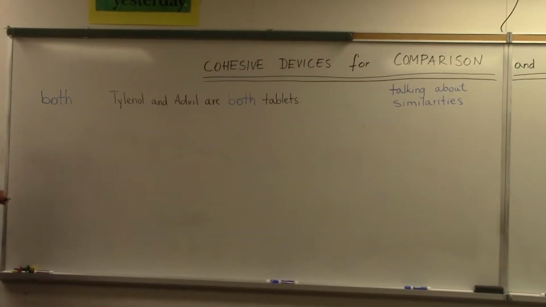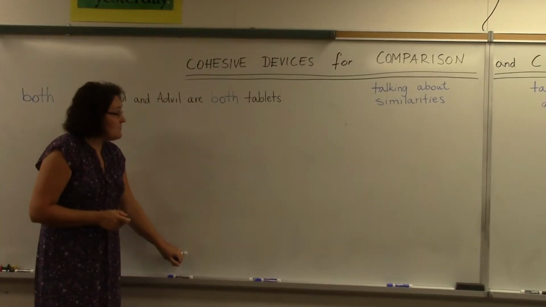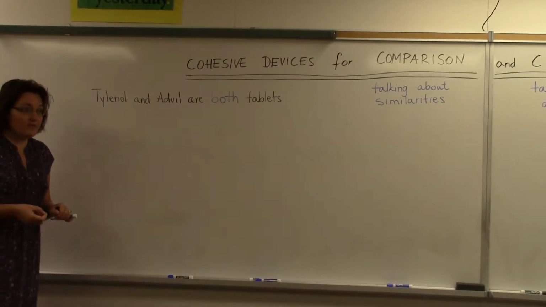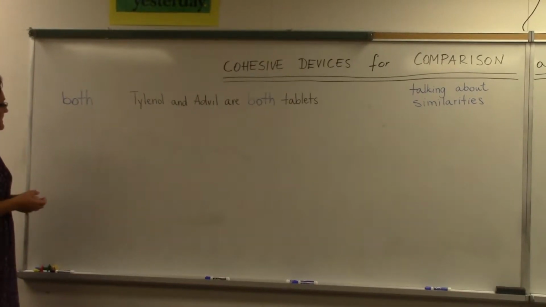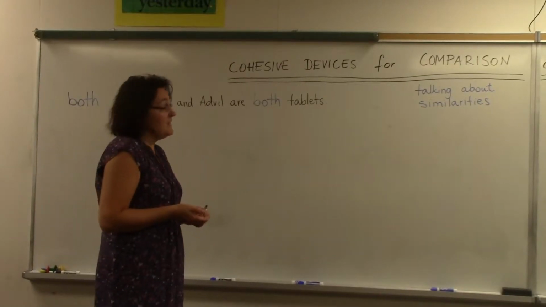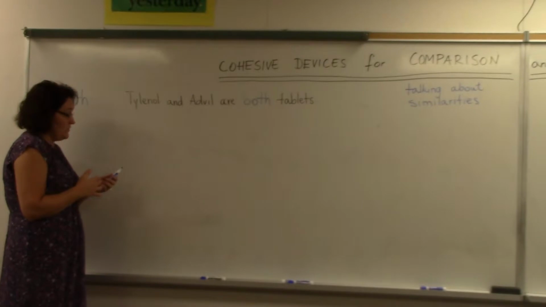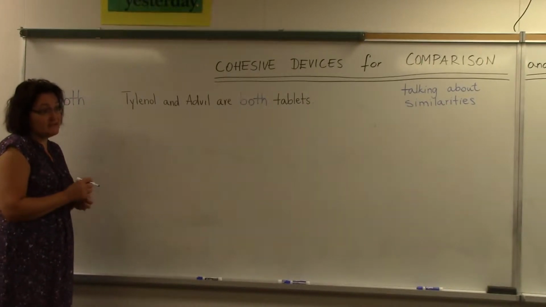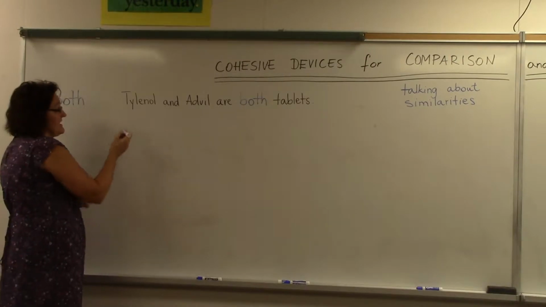Very good. It is possible that you might hear the word both at the very beginning of the sentence. We might say both Tylenol and Advil are tablets. Okay, so you might hear the word at the very beginning of the sentence, or you might hear the word somewhere in the middle of the sentence.